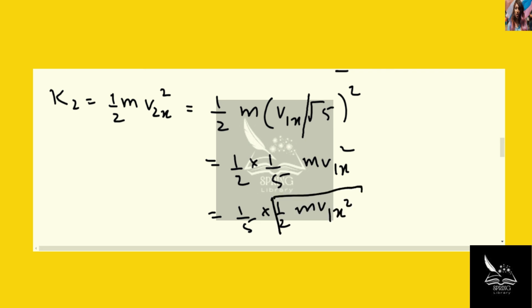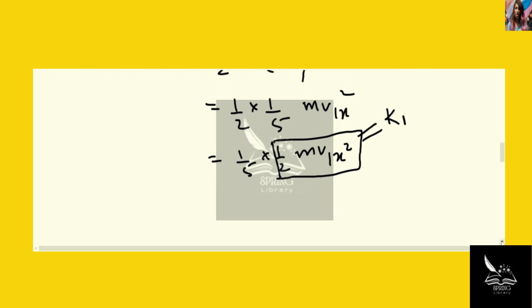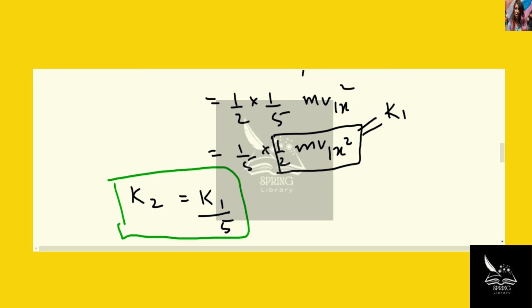If you see this, this is equal to K1. So you can write K2 is equal to K1 upon 5. So this is the relation between both the energies. Have you understood this one? So we understand that reducing A affects the energy, but doesn't affect the period and the frequency.